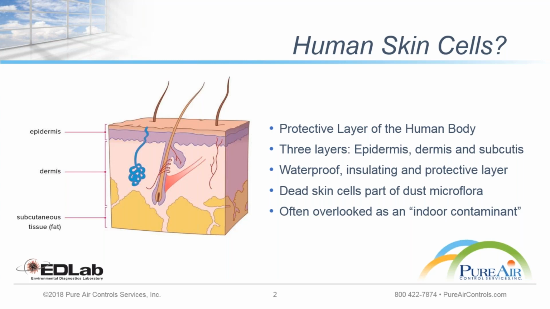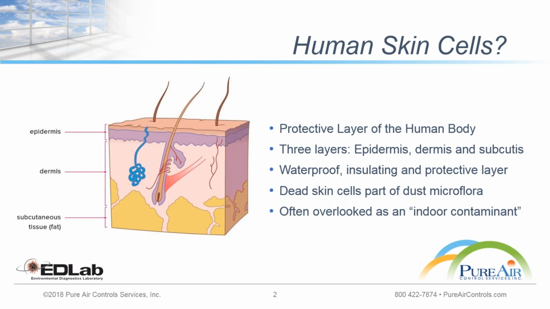Yes, very good. Good afternoon to all our participants. And Ronnie, first we need to introduce the topic. Human skin cell, as the name indicates, comes mostly from the skin of human beings, and there is no way at this time, with limited microscopy, that we can distinguish between human skin and the skin of other pets and animals.